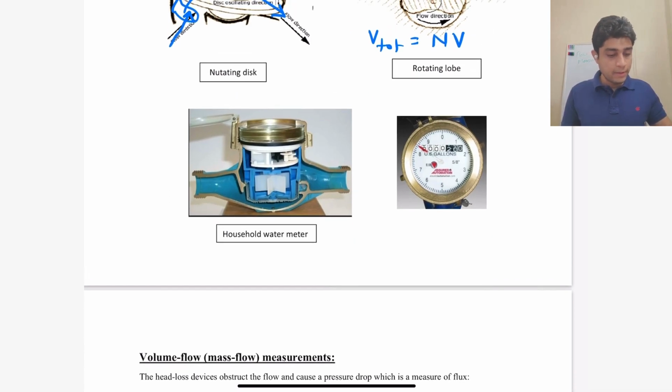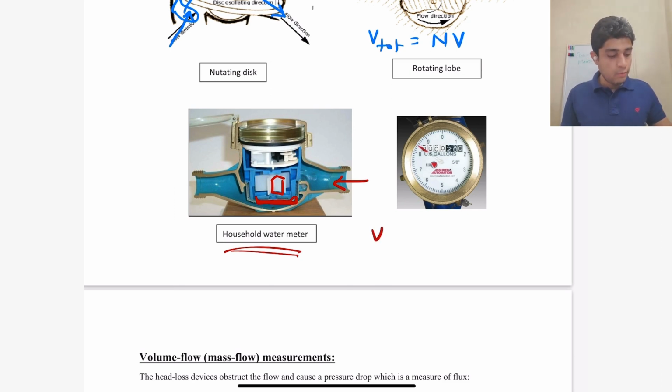And similar principle is also applicable to your household water meters. So let's say the water comes in from this side, and then there is this notched gear in the middle with different sections, and each section here is associated with a volume, let's say V again.